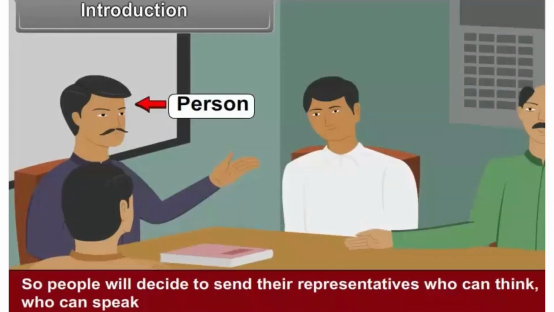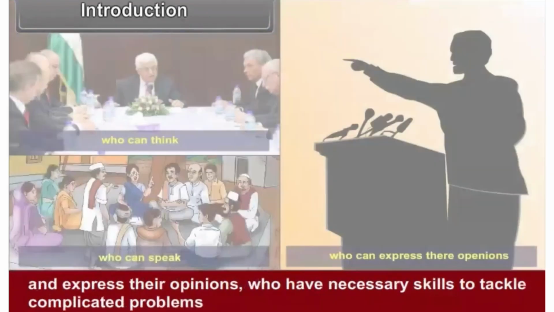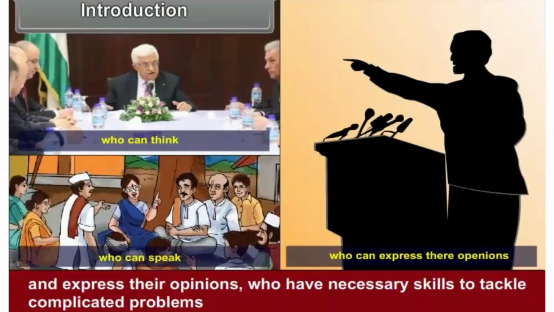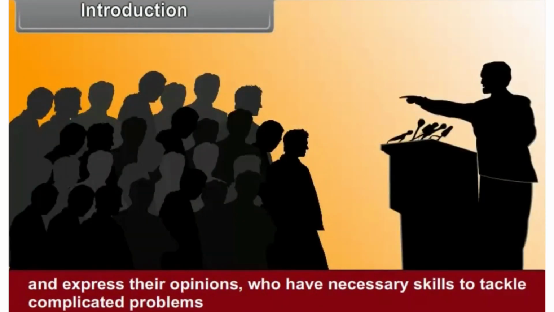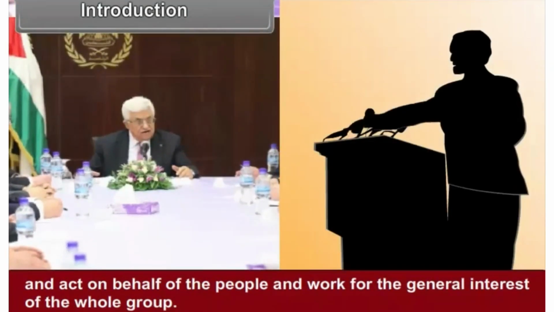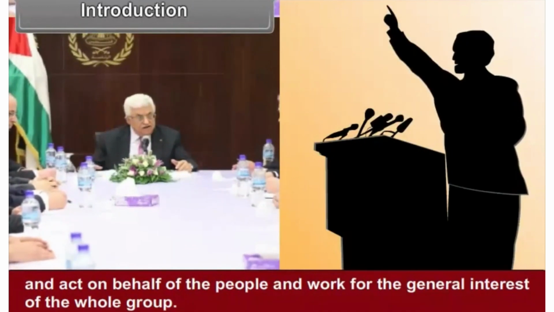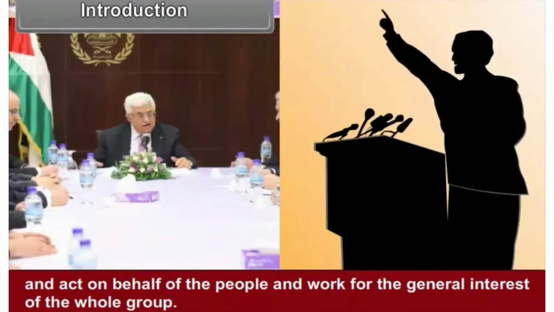So, people will decide to send their representatives who can think, who can speak and express their opinions, who have the necessary skills to tackle complicated problems, and act on behalf of the people, and work for the general interests of the whole group.